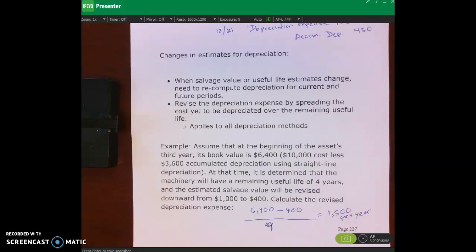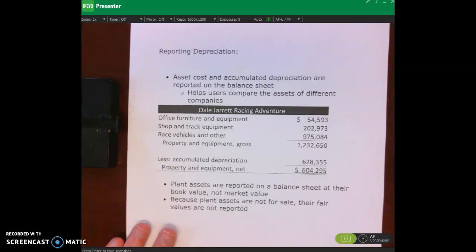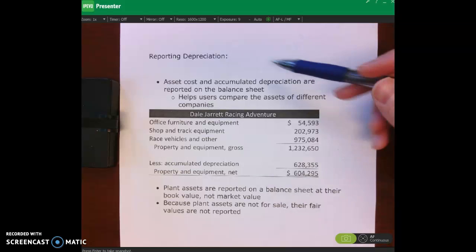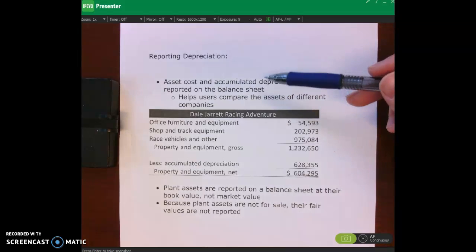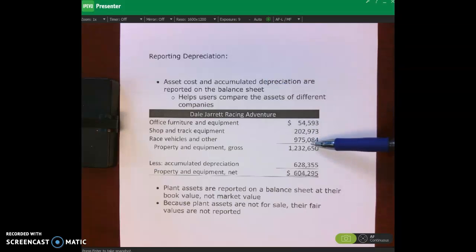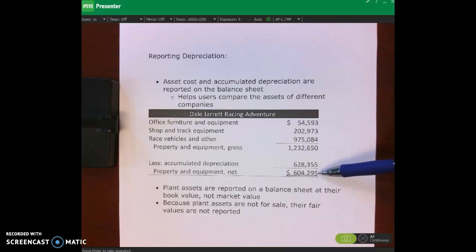In terms of reporting depreciation, remember, we report our plant assets at cost because of the cost principle, and then we also show our accumulated depreciation. So we show our asset cost and accumulated depreciation on the balance sheet, and then we show the book value. So we have our asset cost right over here, minus our accumulated depreciation. This is our book value.